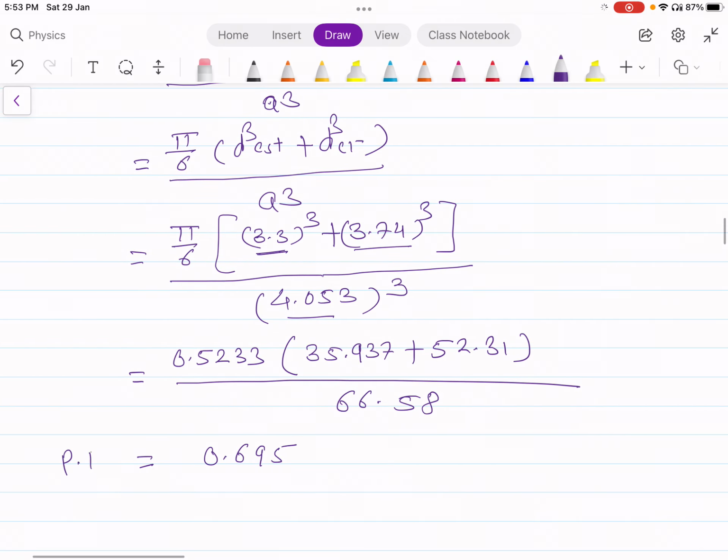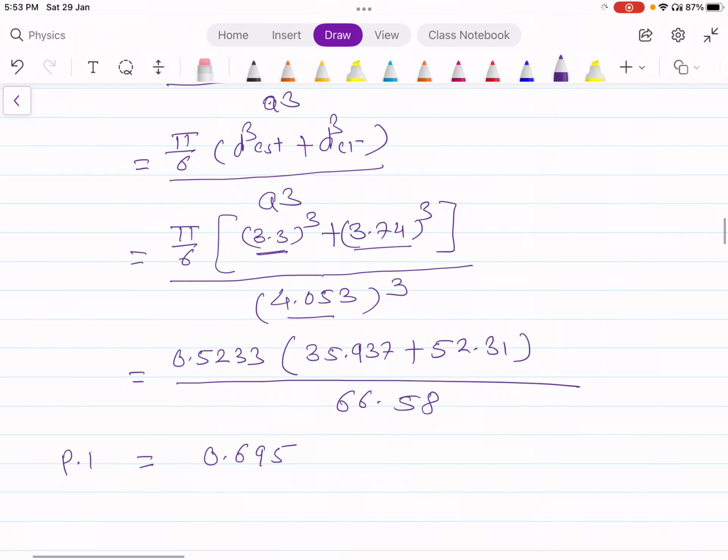And so the packing efficiency is equal to packing factor into 100, that is equal to 69.5%. So we got the packing factor of the cesium chloride structure.